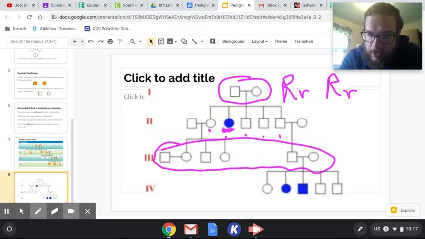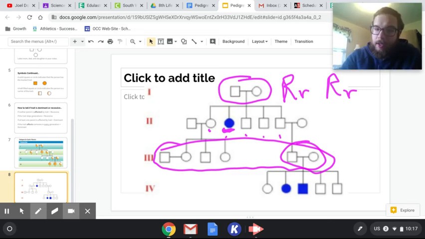But what I was saying is I've got a big indicator right here that there are some carriers, because 2 out of their 1, 2, 3, 4, 5 children right here, 2 out of 5 ended up being affected by this. So they've got to be carrying it, because if either of these 2 people right here were big R, then none of their children should end up with this disease. So they both have to be carriers.